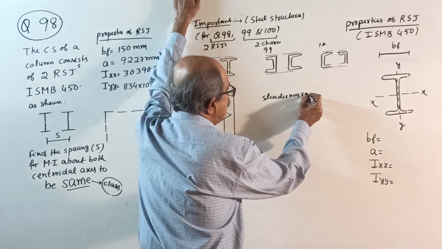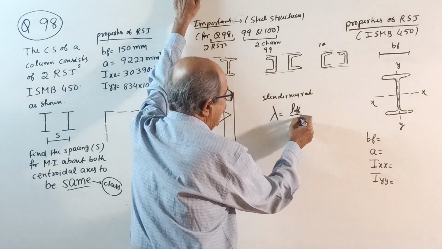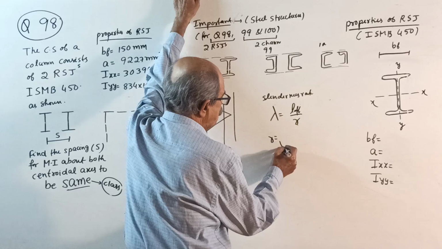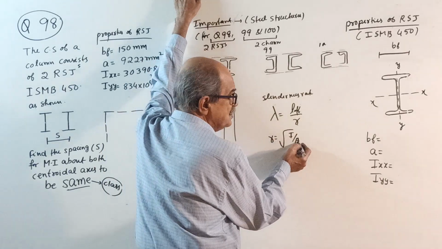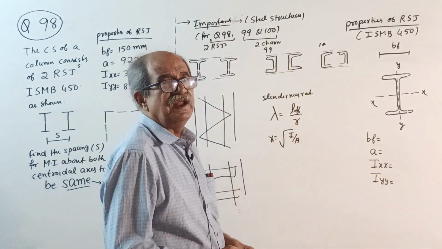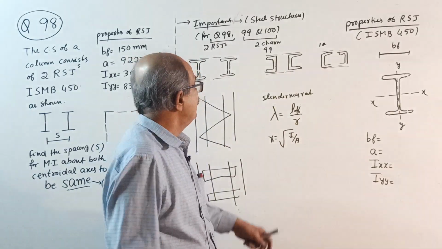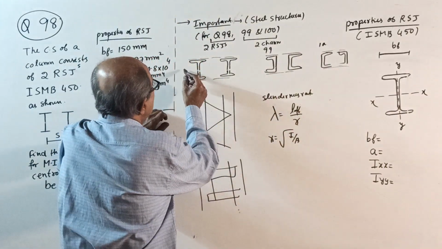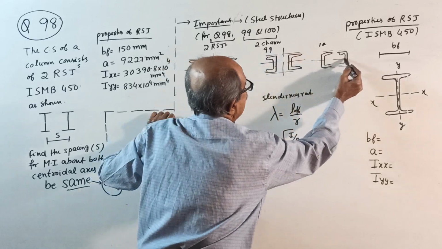Slenderness ratio, say lambda equal to L effective by r. r is the radius of gyration, r equal to root of I by A. So A is constant, r is directly proportional to I. As I increases, r also increases. Now, the most economical design is when slenderness ratio lambda is the same with respect to both XX and YY axes.